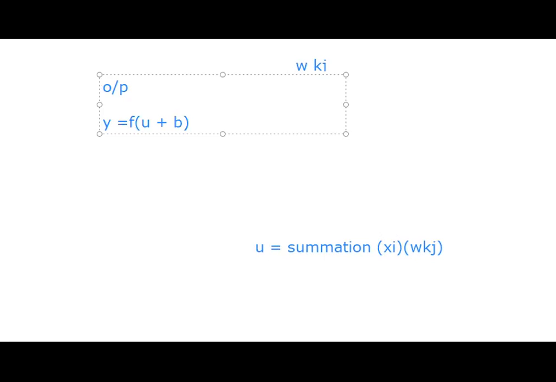What does this b mean? This b is the bias term. So this is the fundamental structure model of a neuron, and as a first part we are going to deal with these simple functions.